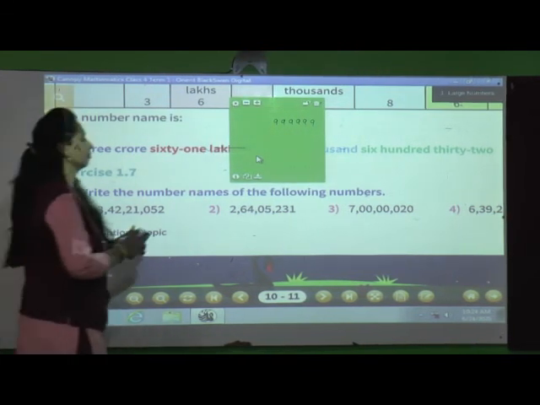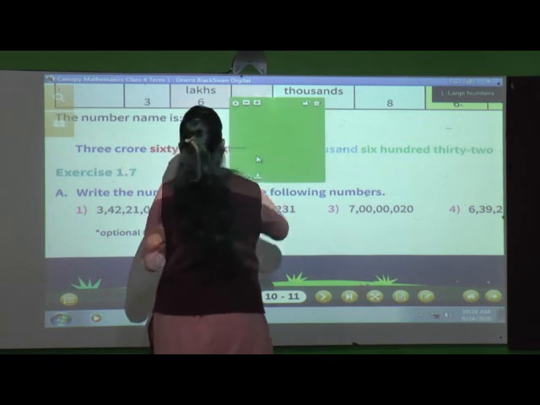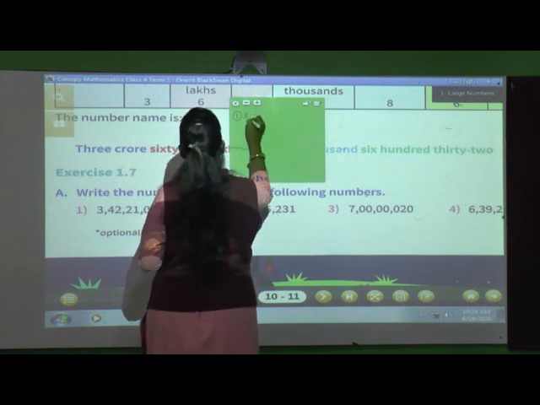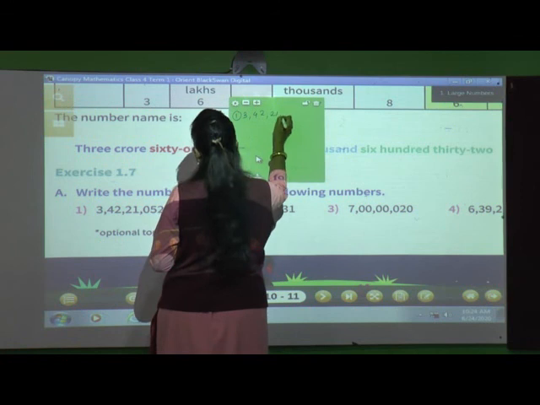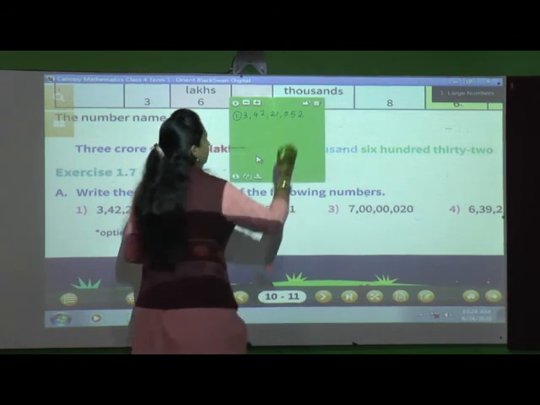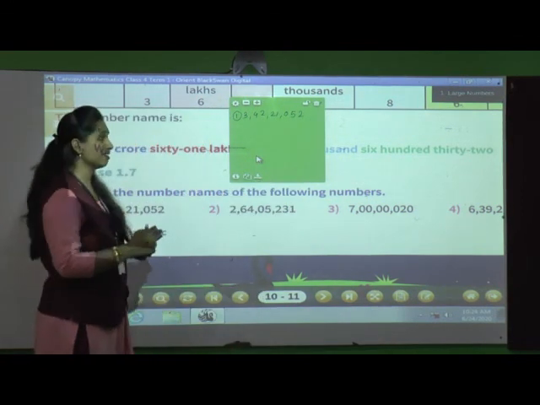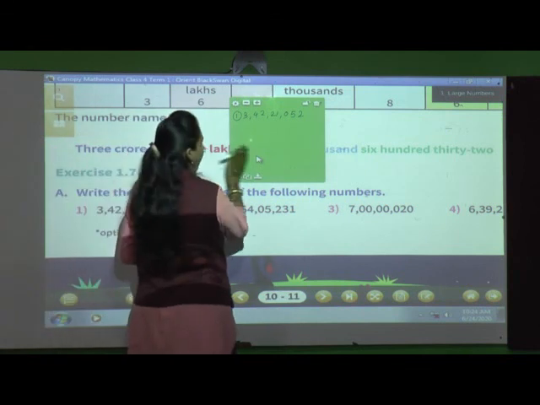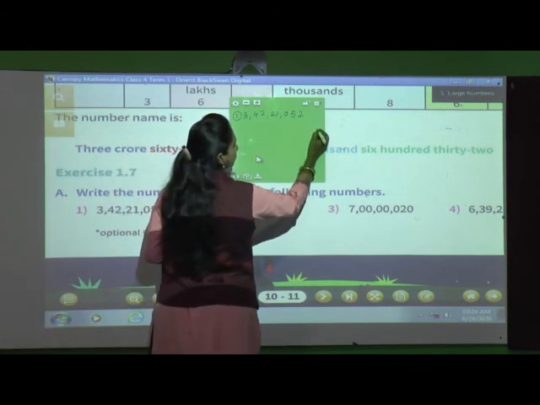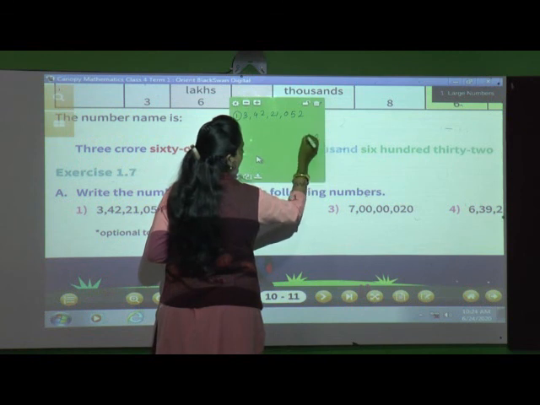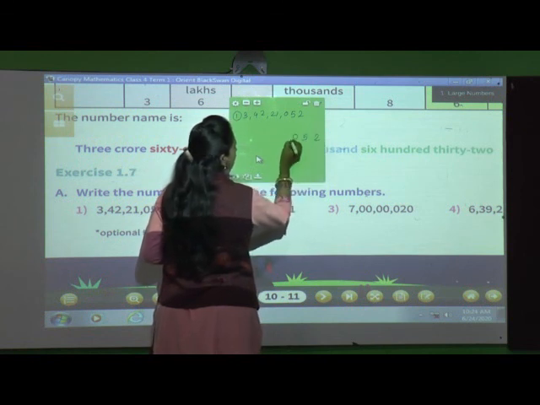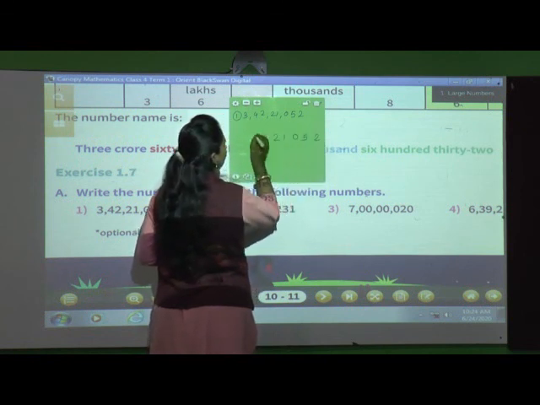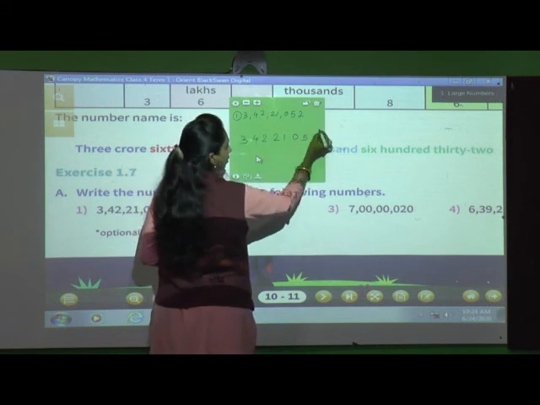What is the first number they had given? 3,42,21,052. First we have to place this number in place value chart. Don't forget to place these numbers in place value chart, so it will be easy for you to write in words the given number.